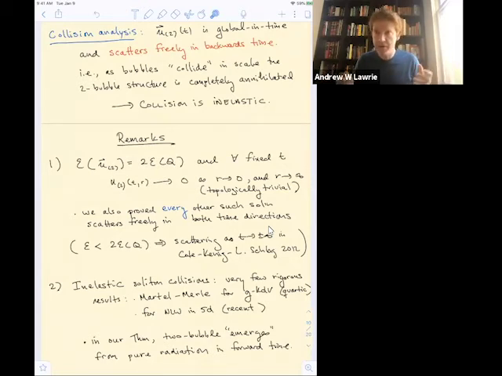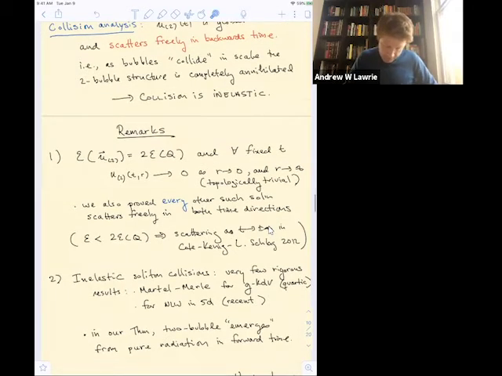In our setting here, you could think of the evolution in forward time as a two-bubble structure. Remember, it scatters in negative time, so it's pure radiation coming together and forming a two-bubble structure. So a two-bubble structure emerges from pure radiation. I think as far as we know, this is the first such result.